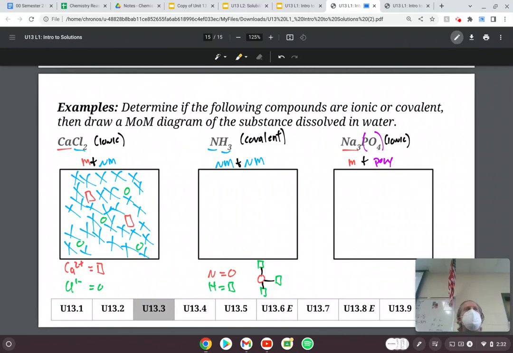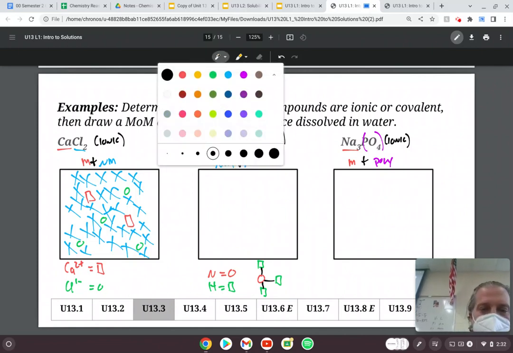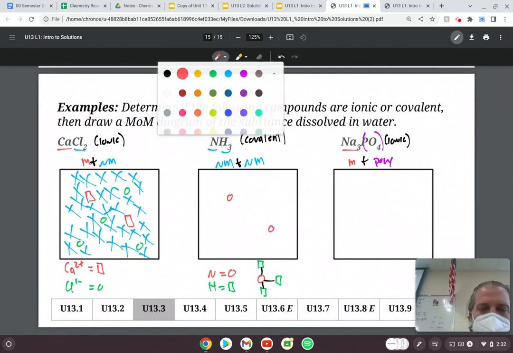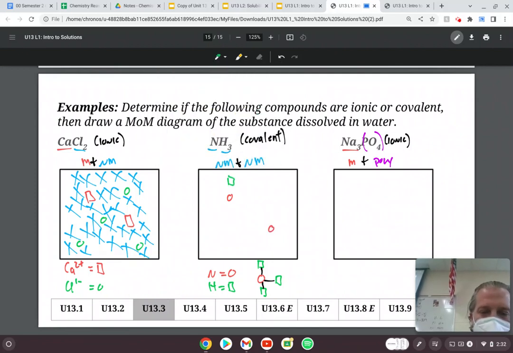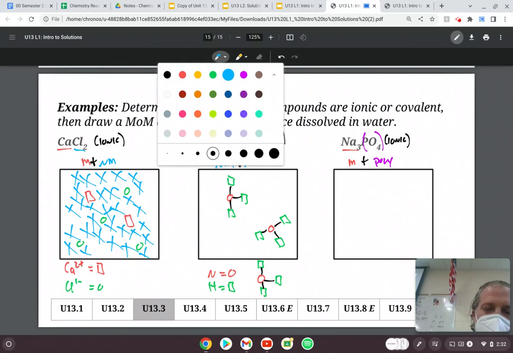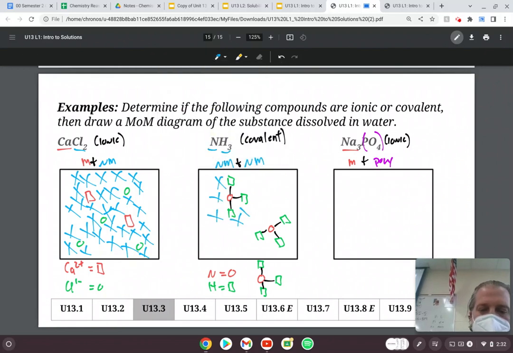So when I draw this as being my smallest unit, I might do 2 of them. Still bonded together, which is really the important distinction here. And then we're going to surround it with water. Something like that.